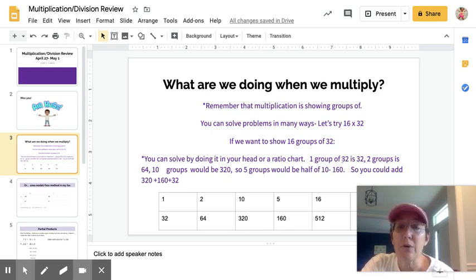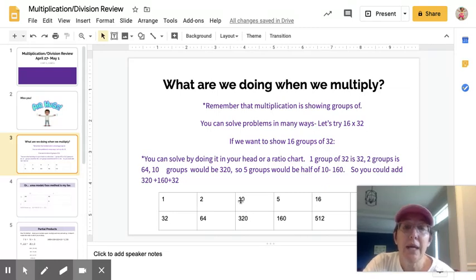So like one group of 32 is obviously 32. 2 groups of 32 would then be 64. All we had to do is double it. 10 groups would be 320. So now we have 10 groups of 32 is 320. And we all know that when you multiply something by 10, you just add that 0. It just goes up one place value.